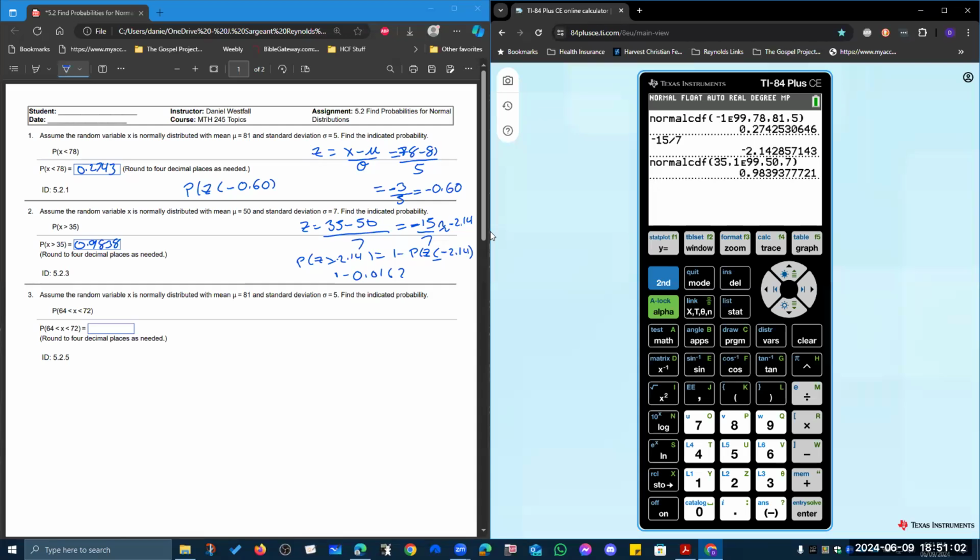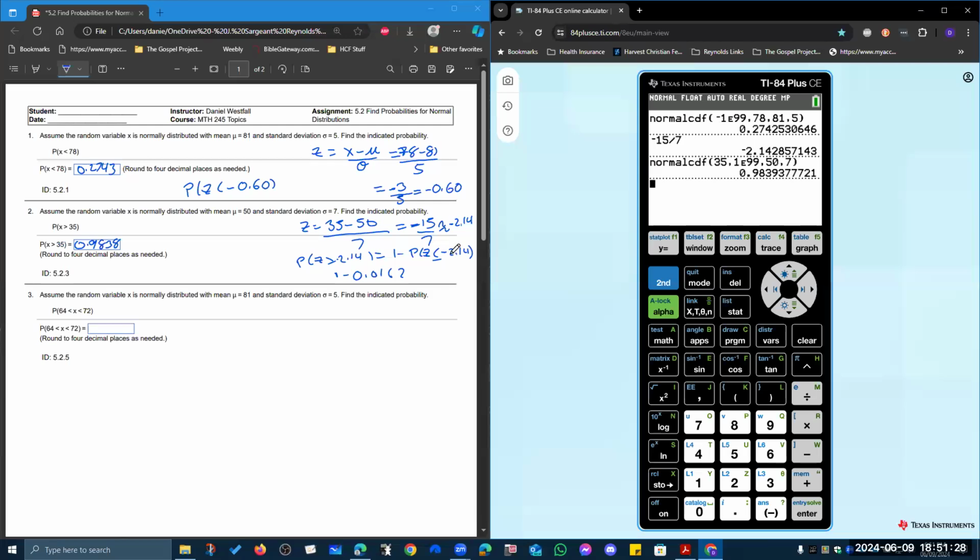So the calculator's answer is the more precise answer, but this is how we have to get it with the z table, because the z table only goes to 2 decimal points. Unless we wanted to look at that z value there, yeah, we would be going to the closer one that's at the bottom because that's a 2.